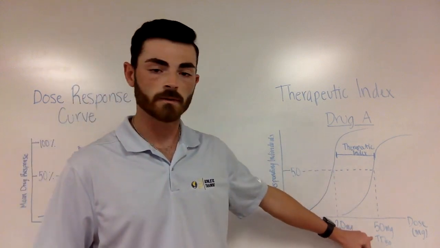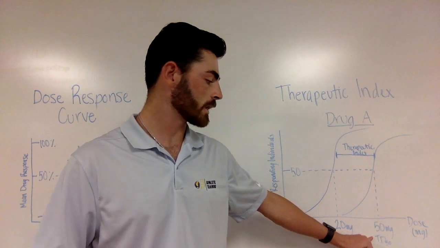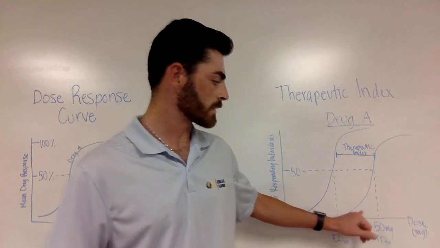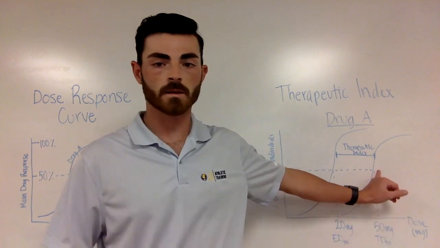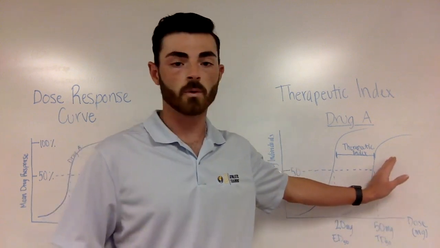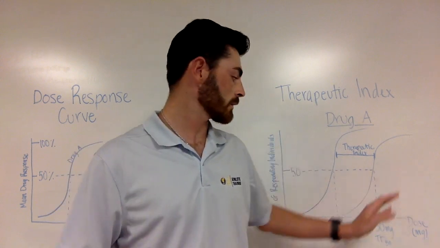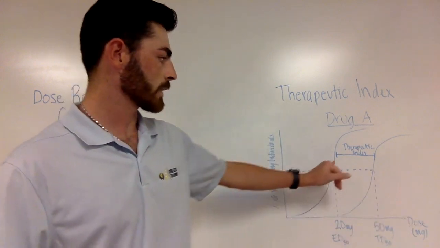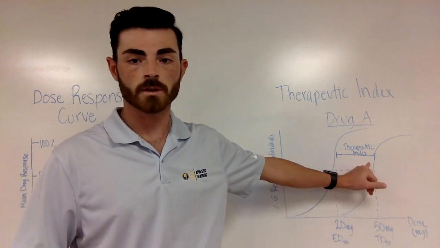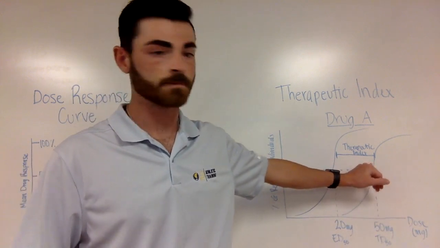And then the TD50 is known as the toxic dose. And so basically that is the maximum amount of that drug that you can take before it becomes toxic. And so between these two lines is what's known as your therapeutic index.